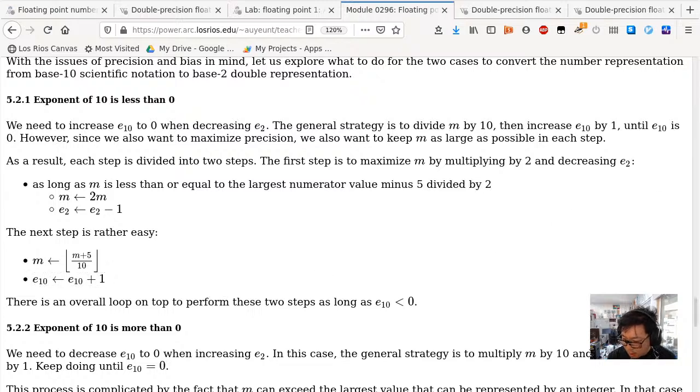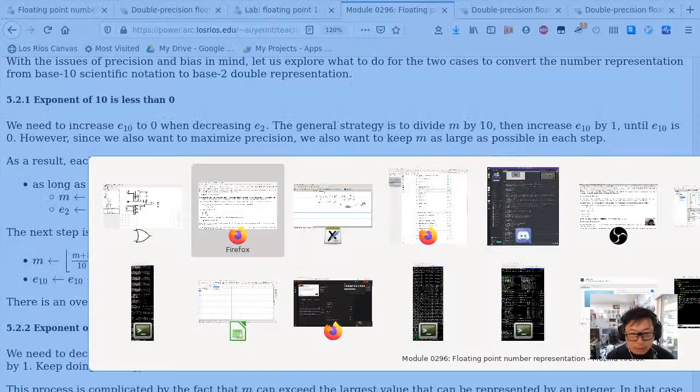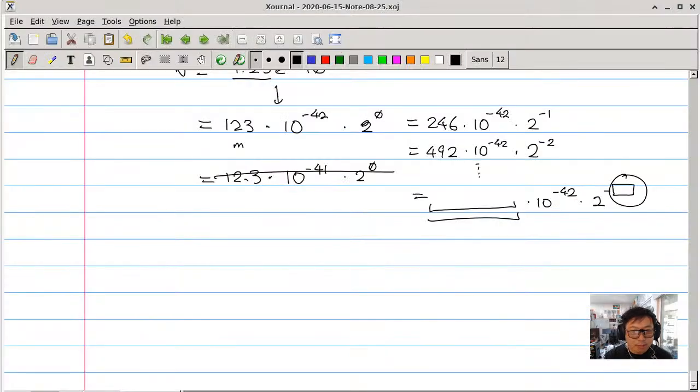All right, so next step, go back to my spreadsheet over here. This time, I'm going to use 16-bit unsigned integers for M. Excuse me. And we'll start with this. We have 123 times 10 to the power of negative 42 times 2 to the power of 0.